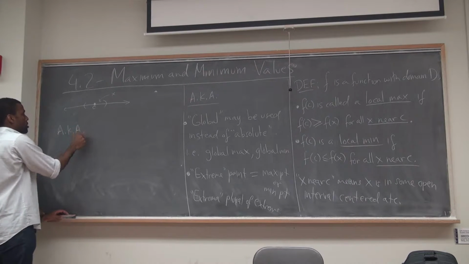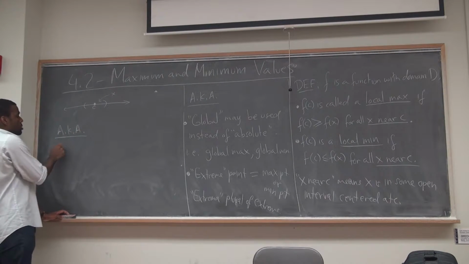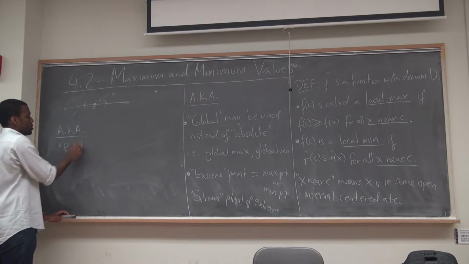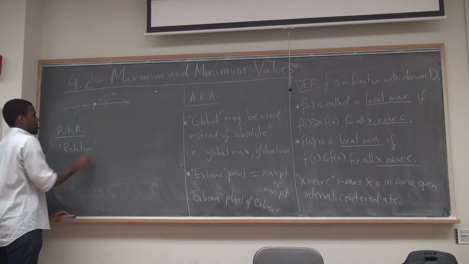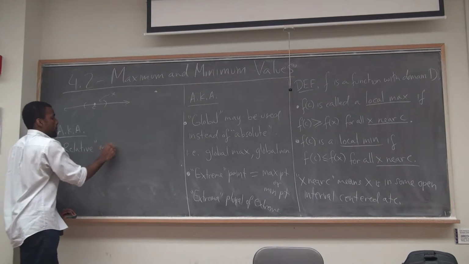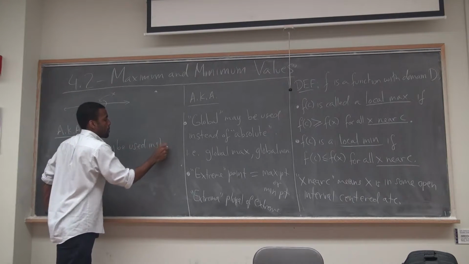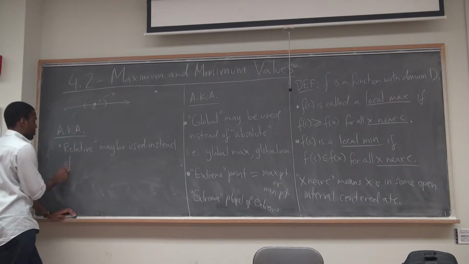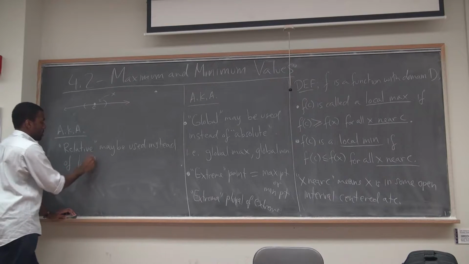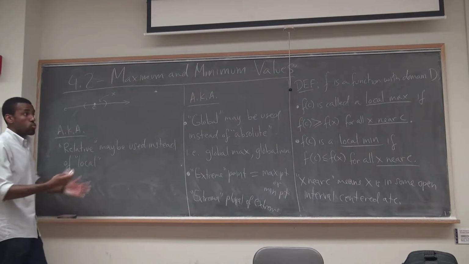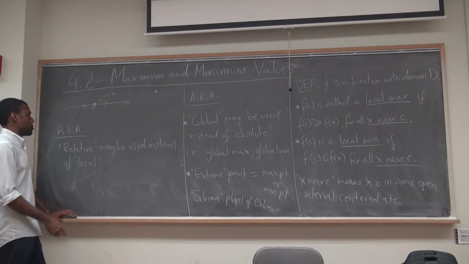There are other phrases you might hear this referred to as well. You might see the word relative used instead of local, so they might call it the relative maximum or the relative minimum.